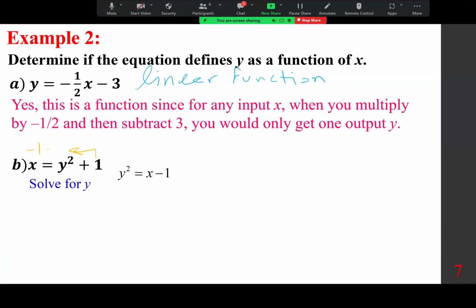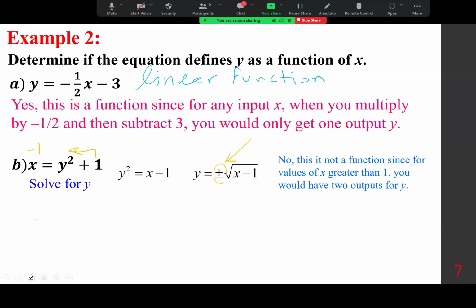And therefore y is plus or minus the square root of x minus 1. And this practically gives it away that this is not a function. No, this is not a function, since for values of x greater than 1, you would have 2 outputs for y.